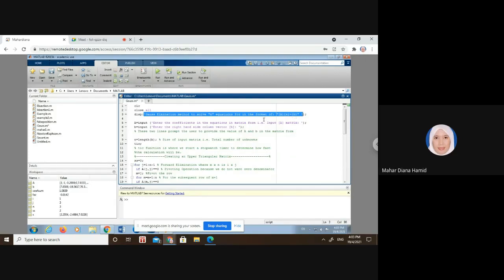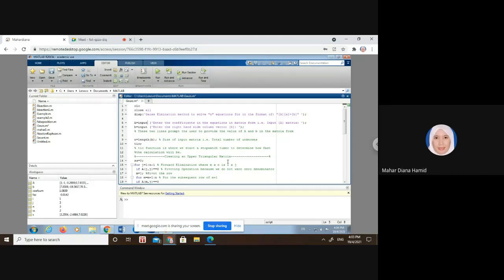And then you are going to provide the coefficients of the equations in matrix form, in the form of A. So A here is your matrix. Remember that previously in the class, we have the common notation for a matrix.